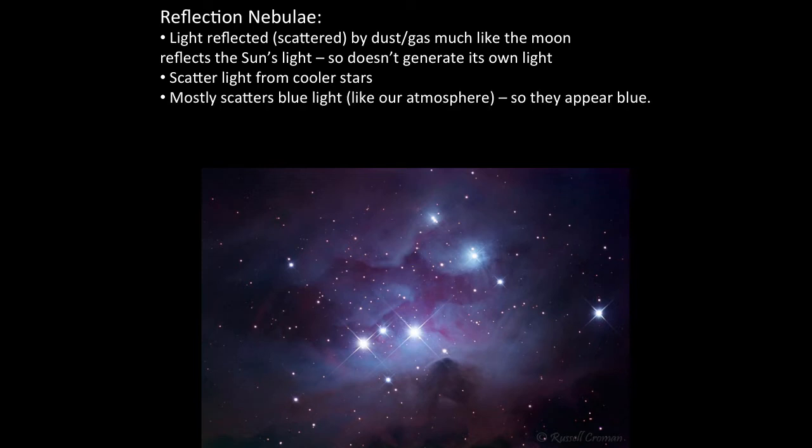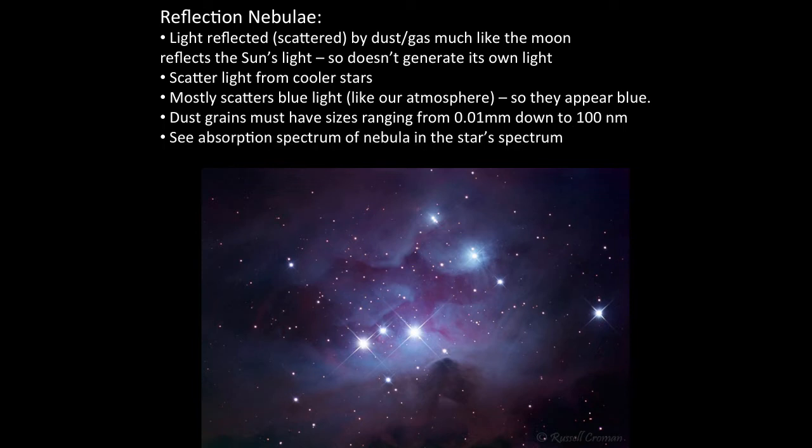It appears blue for the same reason as our sky appears blue. These gas clouds tend to contain a lot of dust, which does most of the scattering of the light. One interesting thing is that because the light from the stars is reflecting and scattering off of the gas and then making its way to our telescopes, the light still contains the absorption spectrum of the star.